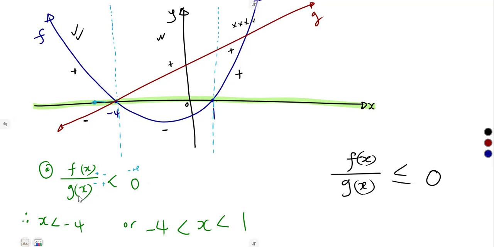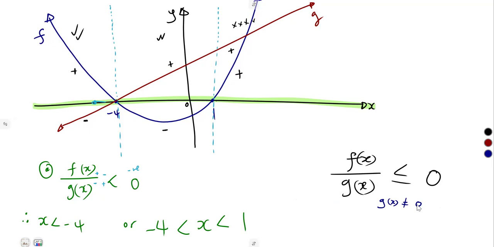Remember, I said for the fraction, you must be very careful. g of x cannot be equal to 0. This is our denominator. So if they put an equal to like that, you must consider it individually to understand the denominator concept. Since they have equal to, it does not mean put that equal to again, because g of x can never be equal to 0.